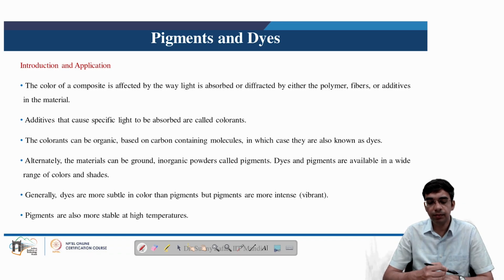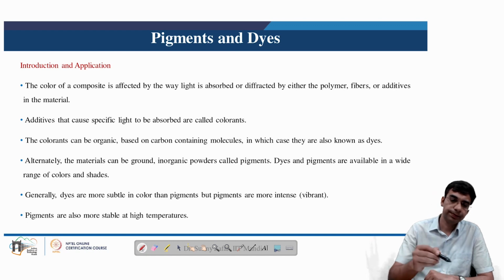Alternatively, these materials can be ground into inorganic powders, sometimes known as pigments. Dyes and pigments are available in a wide range of colors and shades. Generally, dyes are more subtle in color compared to pigments, because pigments provide a more intense or vibrant color. Pigments are also known to be more stable at high temperature. So in a nutshell, pigments and dyes are used to impart specific color to the composite or the polymer.